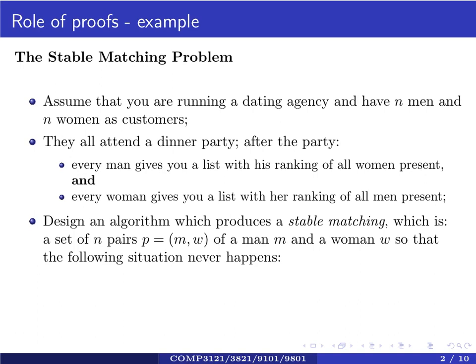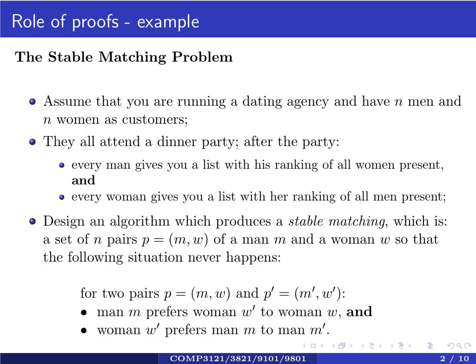It never happens that for two pairs, P equals a man M and woman W, and P prime, which is a man M prime and woman W prime, man M prefers the other woman W prime to the woman that he is matched with, woman W, and that woman W prime prefers M to the man she is matched with, M prime.